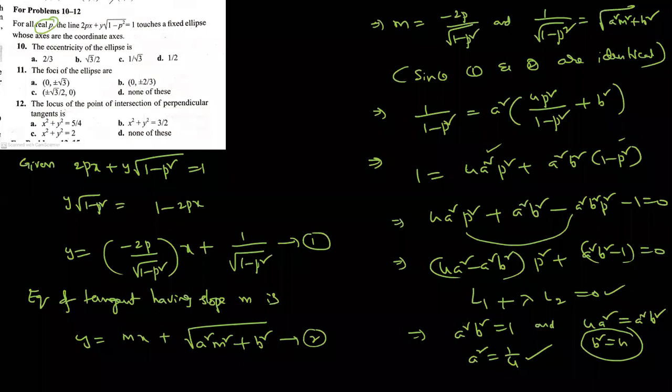X square by a square plus y square by b square is equal to what? What is this value? So after that, please find out what is the eccentricity.